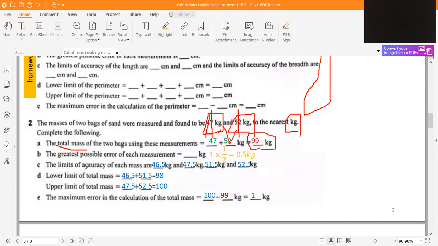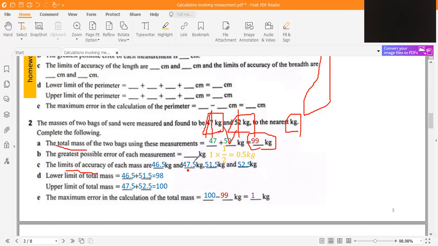Okay, the limits of accuracy, the upper and lower limit of accuracy of each mass. Normally, for 47, if we subtract the error 0.5, we obtain the lower limit of accuracy. And if we add the error 0.5 to 47, we obtain 47.5 kilograms as the upper limit of accuracy.